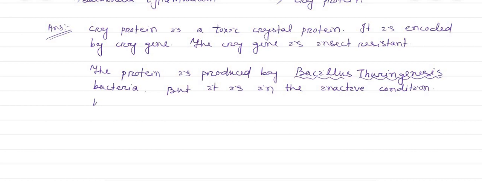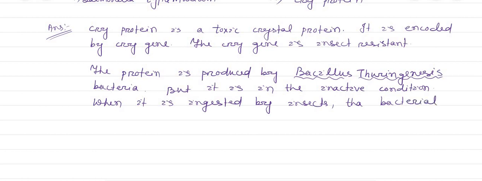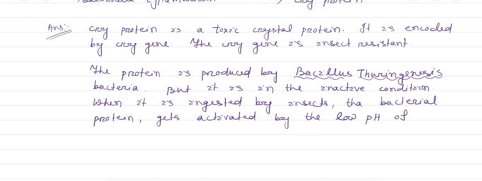When it is ingested by an insect, the bacterial protein, that is cry protein, gets activated by the low pH of the insect gut.